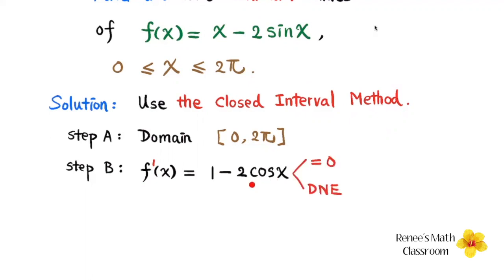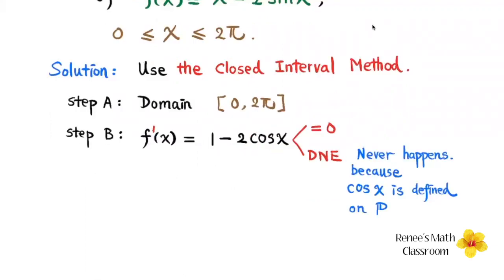We're going to find critical numbers by setting the first derivative equal to 0 and also find out when the first derivative will be undefined. Notice that the derivative here will never be undefined because cosine x is defined for all real numbers. So we want to investigate when 1 minus 2 cosine x equals 0.